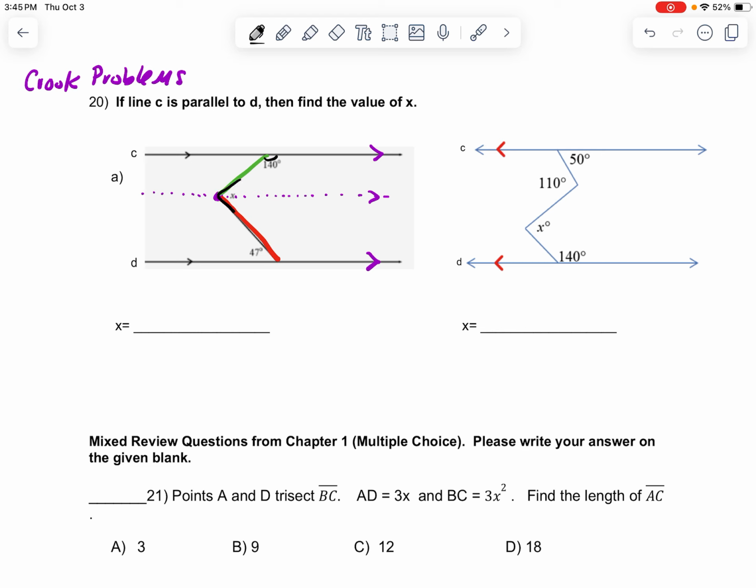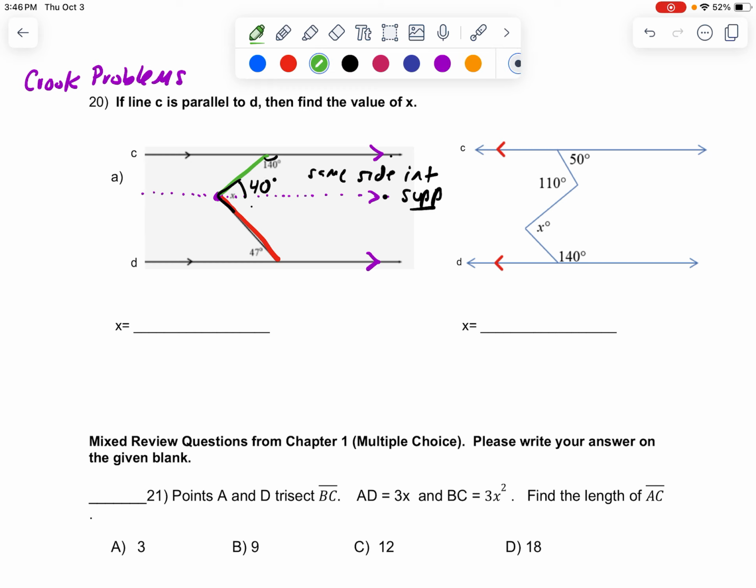We cannot assume that this is bisected, but what we can do is say that these two angles here are same side interior angles because of these parallel lines and this transversal, and same side interior angles are supplementary. So that means they add up to 180, or that's 40 degrees.